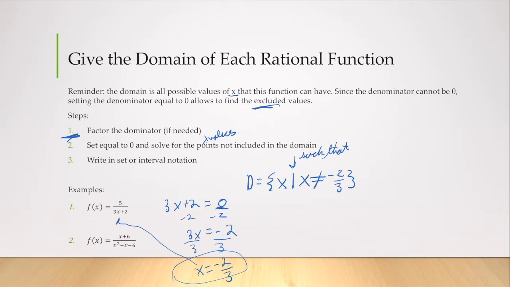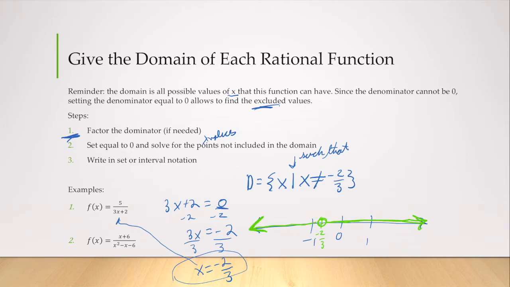How would I start writing it in interval notation? Well, I always like to sketch a little number line, not a pretty one. And I say, okay, my domain can be any x value except negative 2/3. So if I go to negative 2/3, there's going to be a hole there. But it includes everything else.